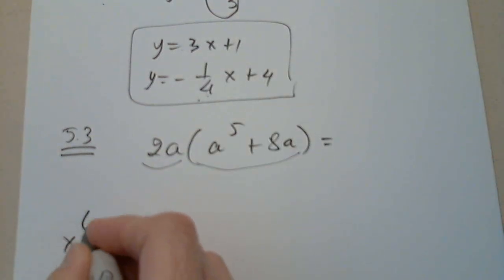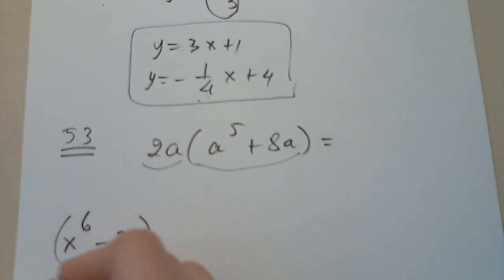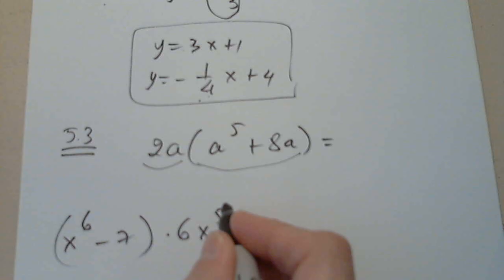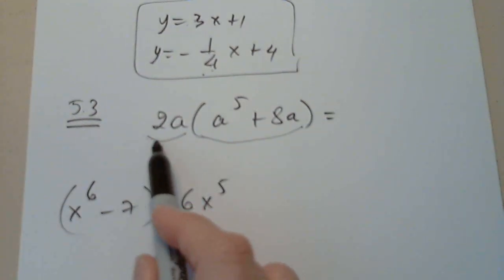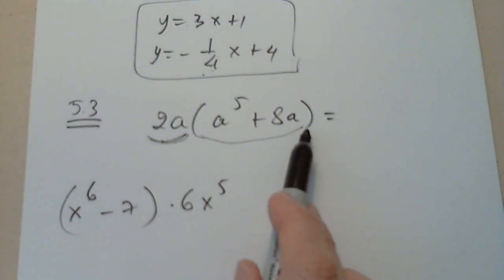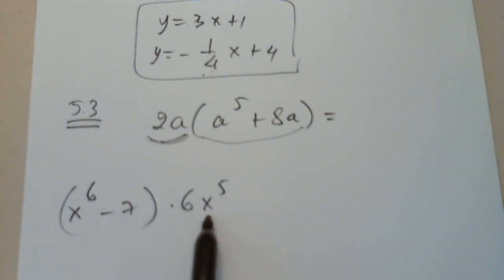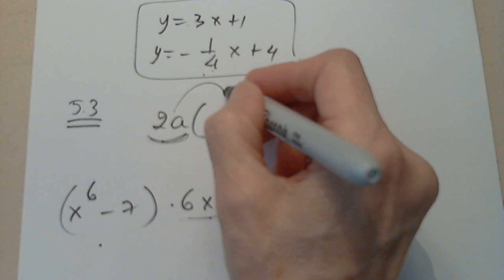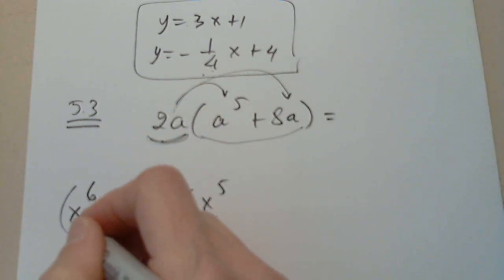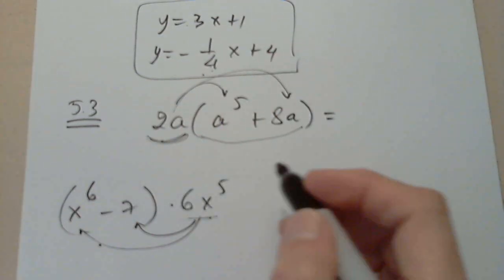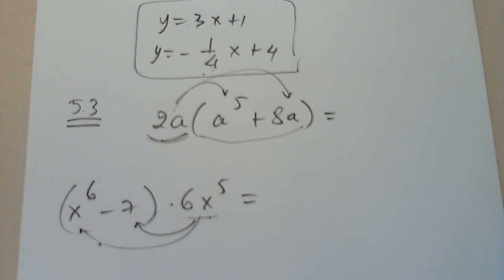Also, I'd like to review 6x to the 6th minus 7 multiplied by 6x to the 5th. It doesn't matter if the monomial sits in front of the binomial or follows it. The procedure is the same. We still distribute in the same way.